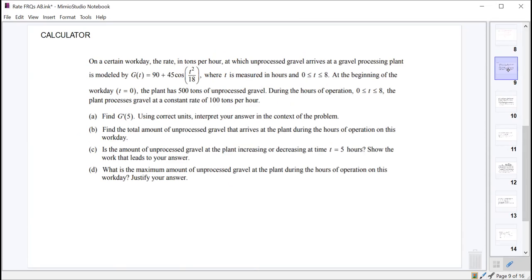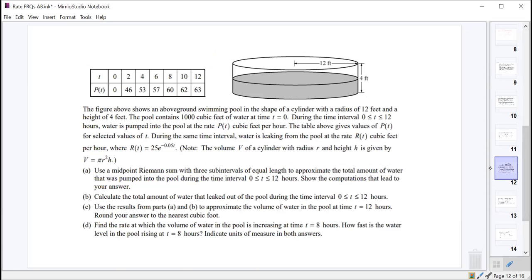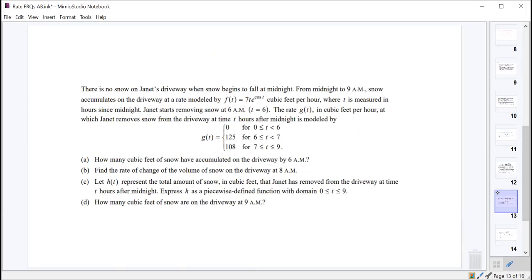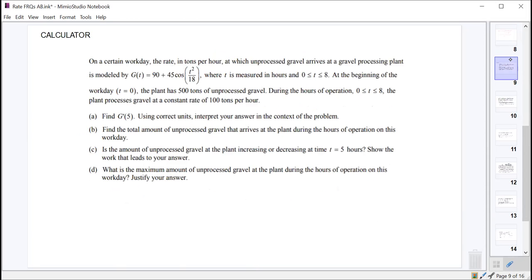For tomorrow, I didn't say anything about multiple choice tomorrow, right? Multiple choice again on Monday, is that what I said? Yeah. Okay, so for tomorrow, do this gravel one, I guess. And I don't really like this one. I guess just do the gravel one for tomorrow.